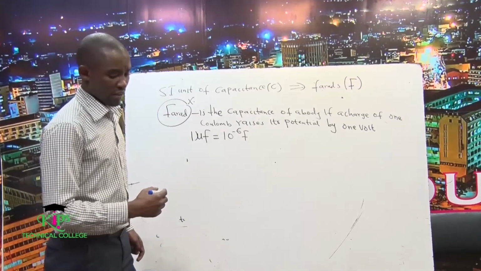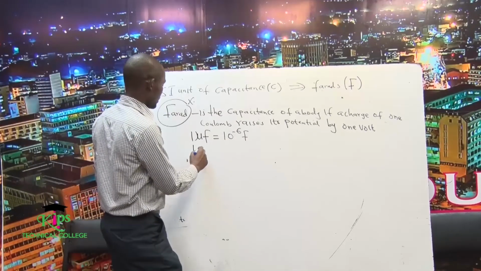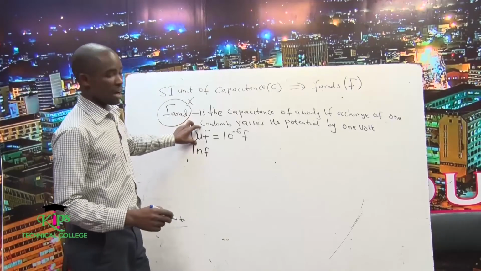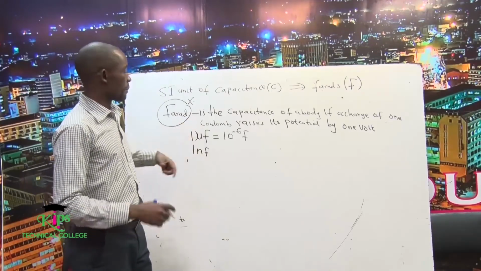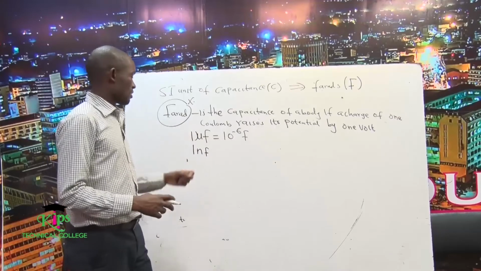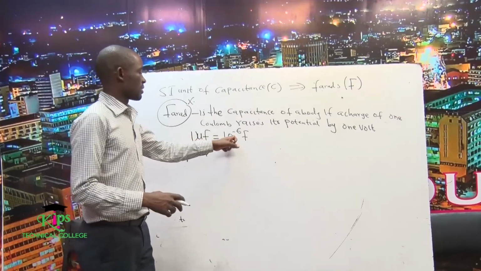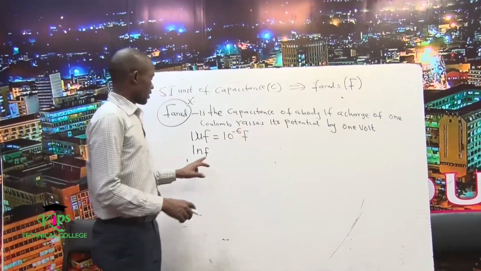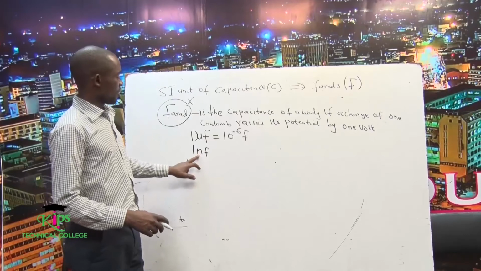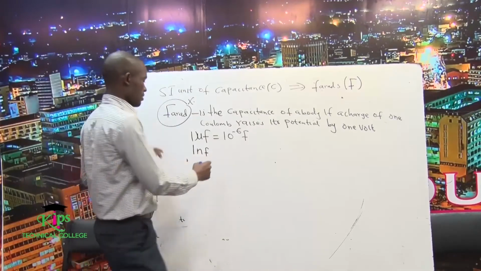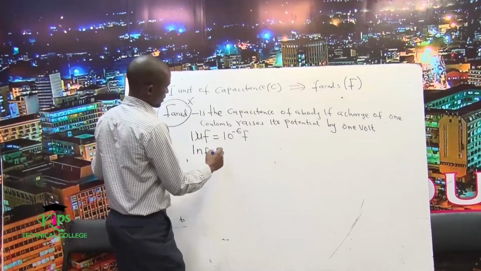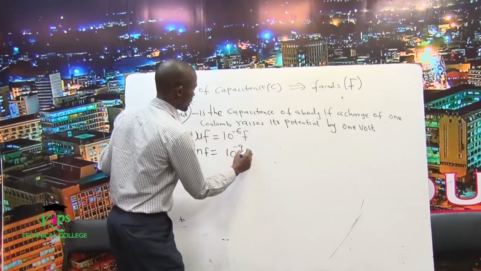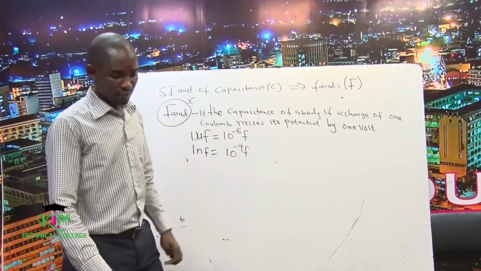You can also be given 1 nanofarad. Remember, micro comes from the word a million, so micro goes hand in hand with 6 because a million has got 6 zeros. Nano comes from a 9-sided figure, so it will be 10 power negative 9 farads.